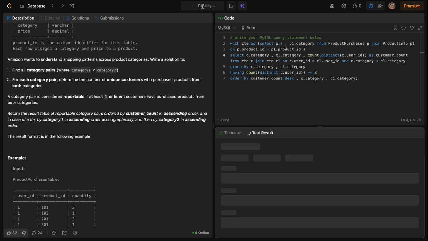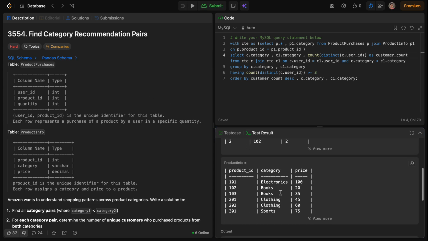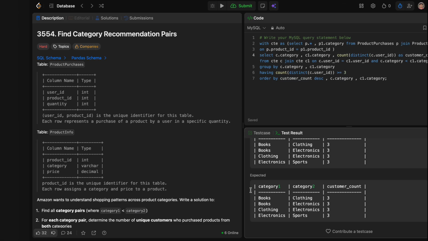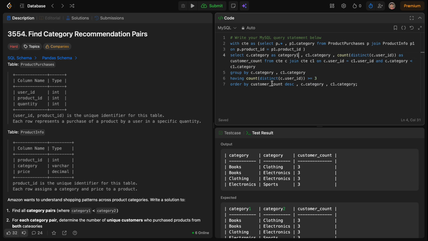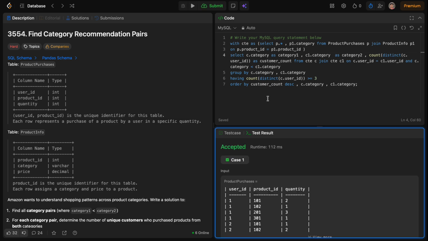Now run this. What did we miss here? Category 1 and category 2. So alias this as category 1 and this as category 2. Okay, perfect.